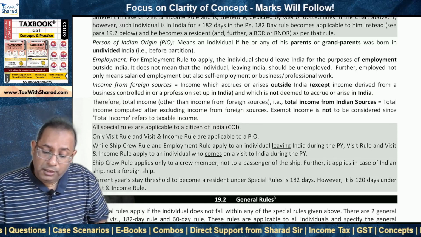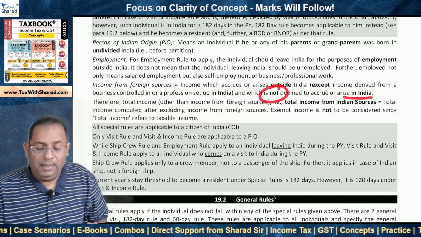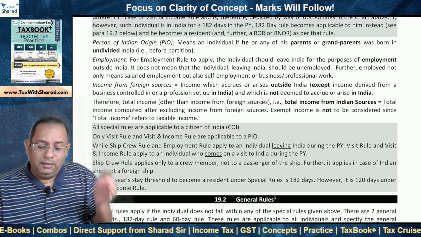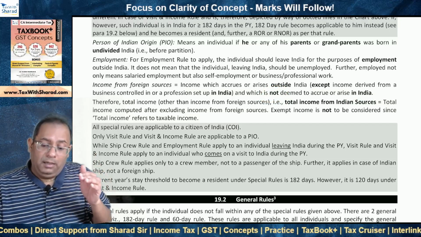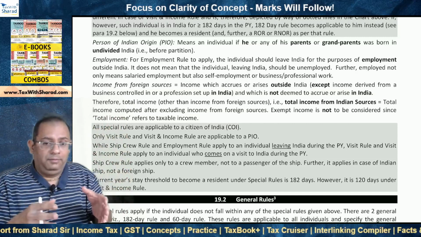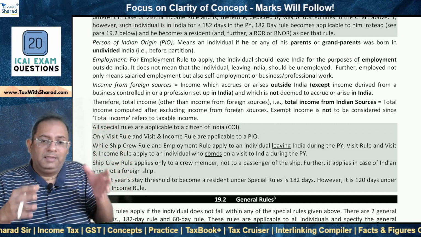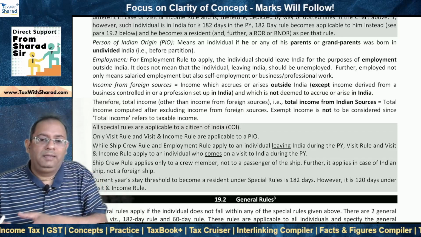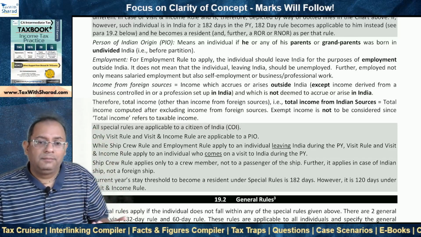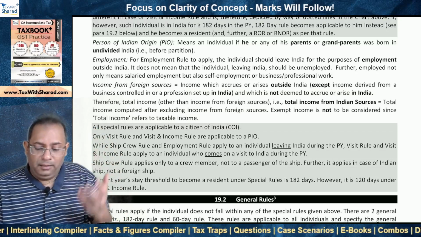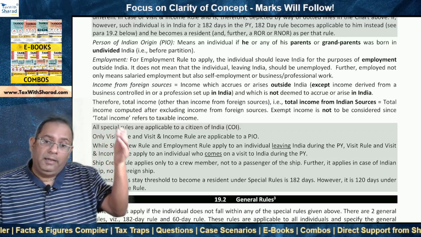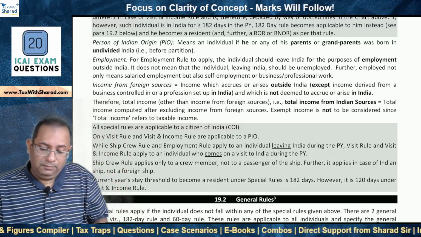Okay, which is not deemed to accrue or arise in India. In section 9, you would have read that there are certain incomes which accrue or arise outside India, but still they are deemed as if they are accruing or arising in India. In the case of FTAs, royalty, and interest, we have seen certain incomes which actually arise outside India, but they are deemed to arise in India.